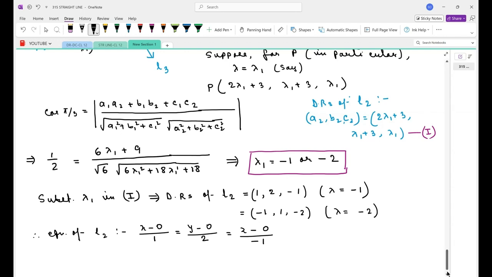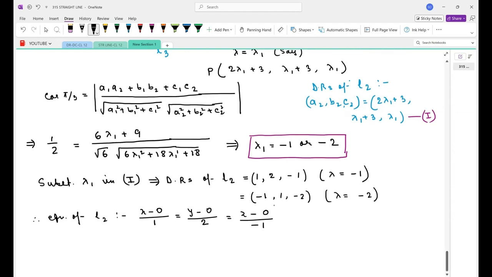And the equation of L3 will be taking the second set of DRs. The equation of L3 also passes through the origin. So x minus 0 by minus 1, y minus 0 by 1, z minus 0 by minus 2. Here we have assumed, without loss of generality, that this set is for L2 and this set is for L3. It doesn't matter, because while writing the answer we are not going to mention L2 and L3.